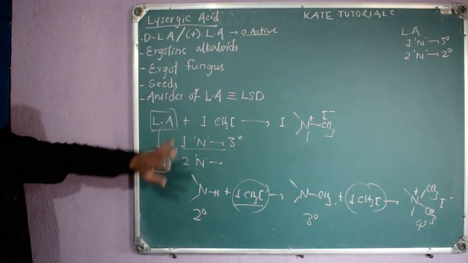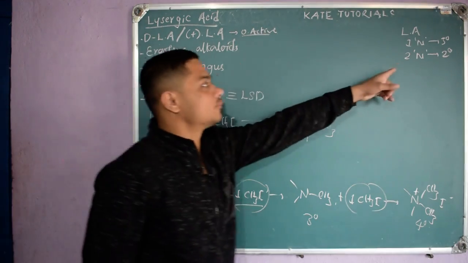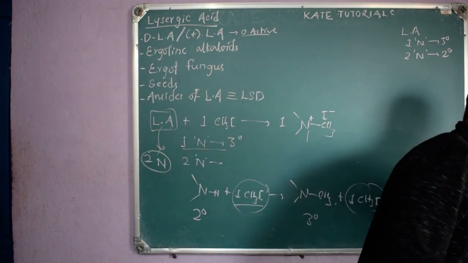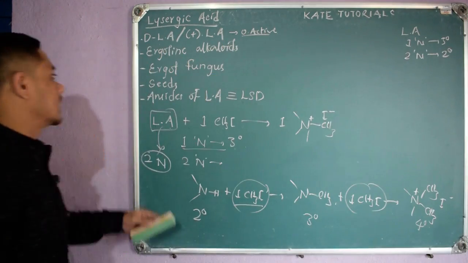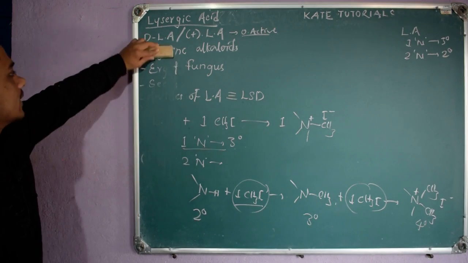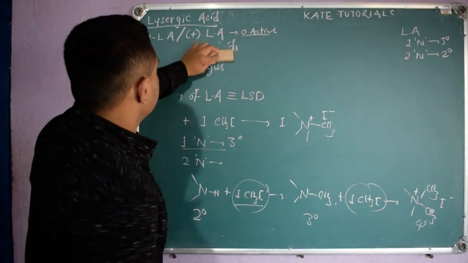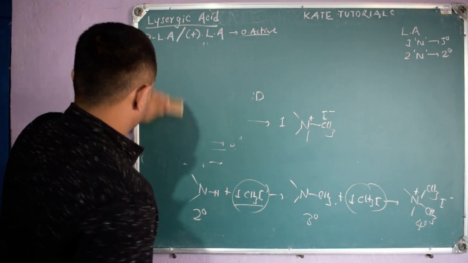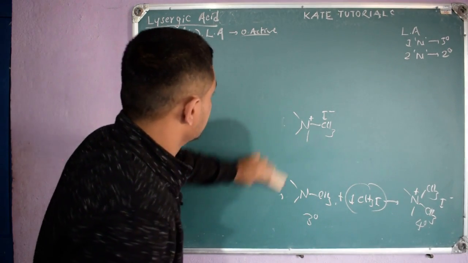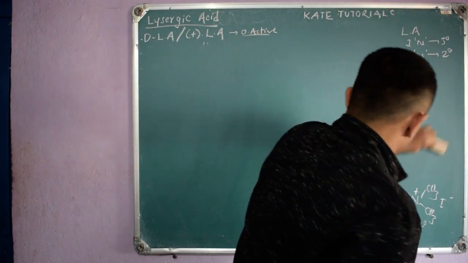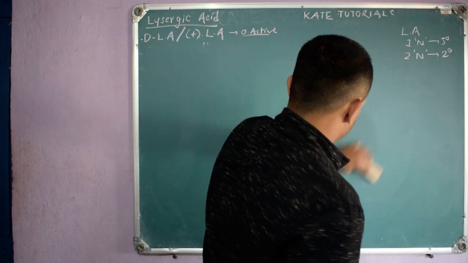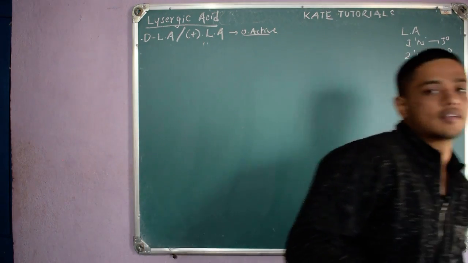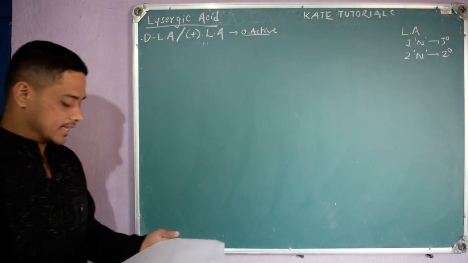Once they gave the conclusion for these two nitrogens, they went on to the structure. What is the structure of lysergic acid?